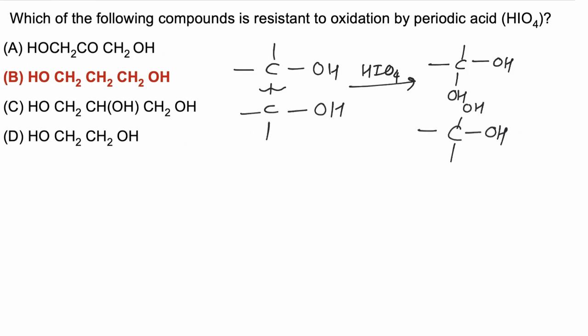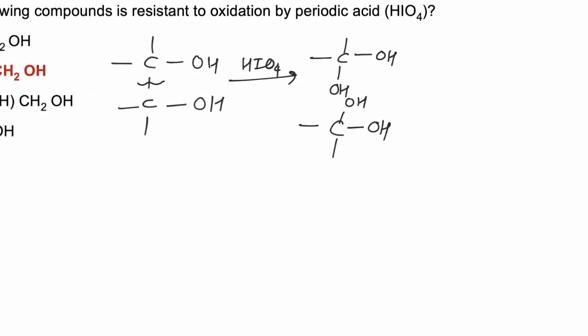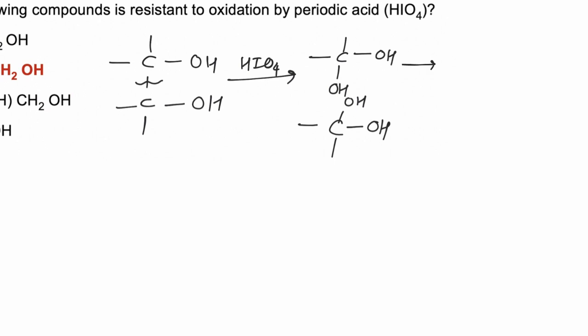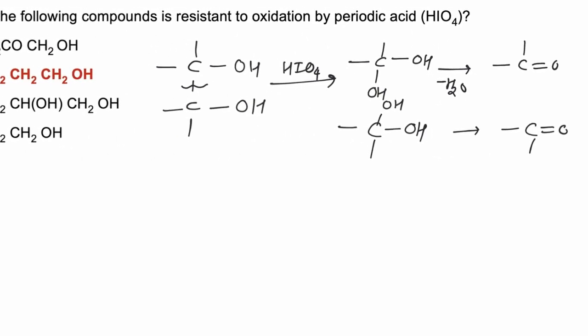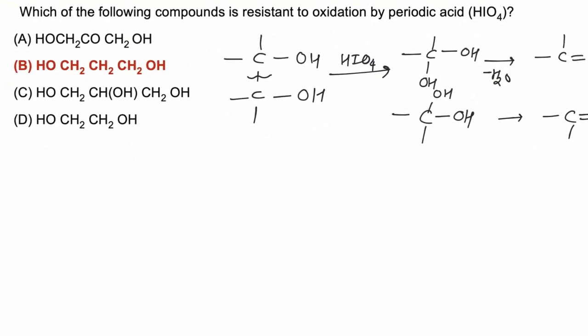Now, if two OH are present on the same carbon, then a water molecule is released and it will be converted to this compound. So any molecule which has a 1,2-diol will be oxidized with HIO4.